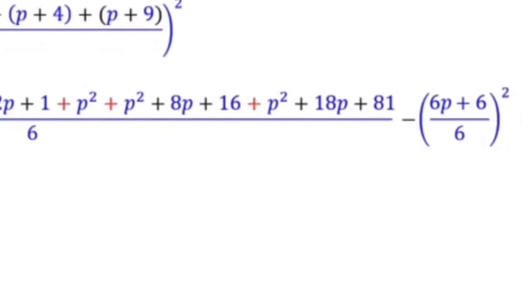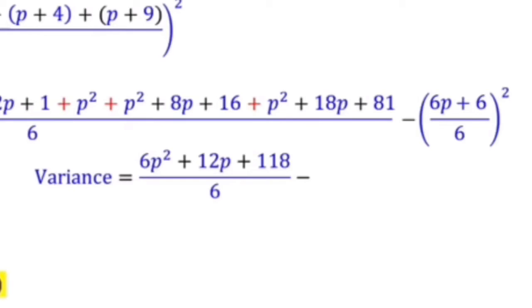You need to do it carefully. After expansion, we simplify the p squared, the p and the numbers. So we have 6p squared plus 12p plus 118, over 6.